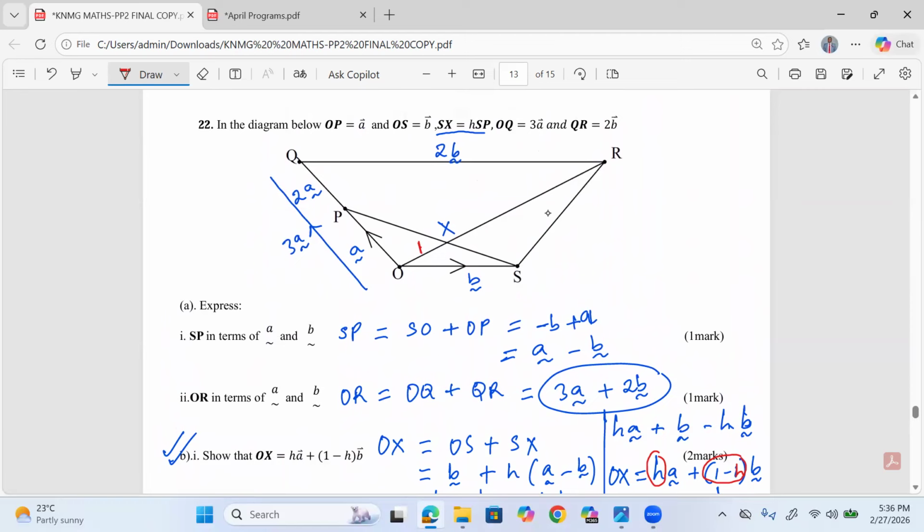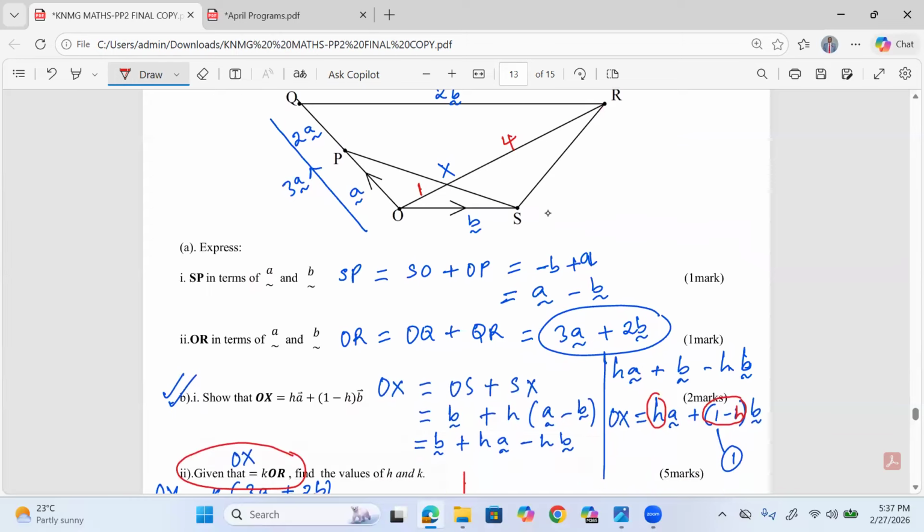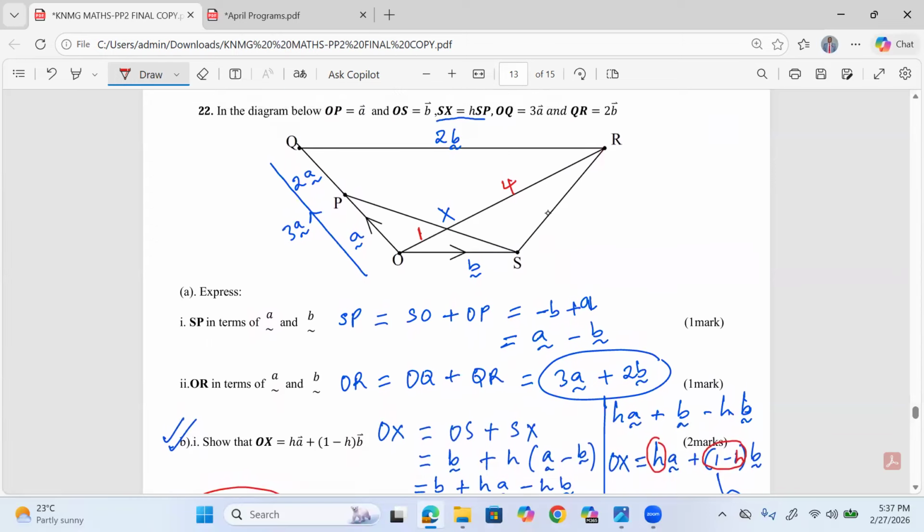OX is 1 proportion out of 5 proportions of OR, meaning that we remain with 4 proportions here. A fifth of the whole OR, which is 5, and we're already talking about 1 proportion out of 5 proportions, meaning that from X to R, we remain with 4 proportions. That is what it means by 1 over 5.